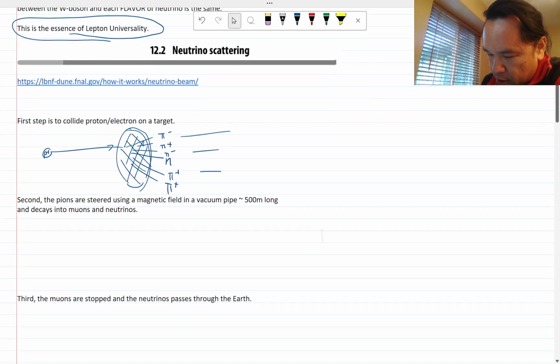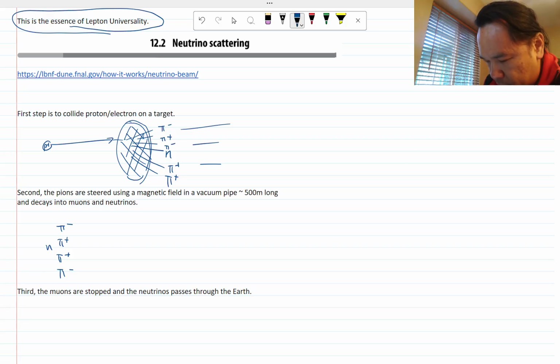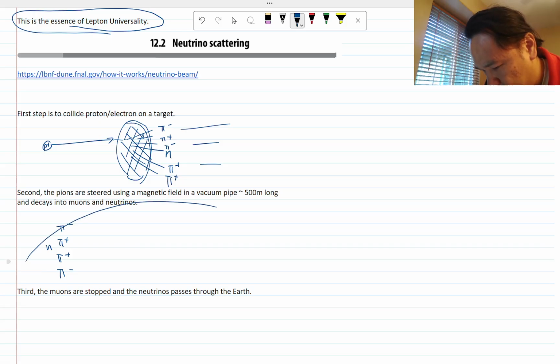Okay. What you can do is then you can put these pions, some plus, some minus, and some neutrons, into what's known as a horn. It's actually a curved structure. So I'm going to draw this as a curved structure.